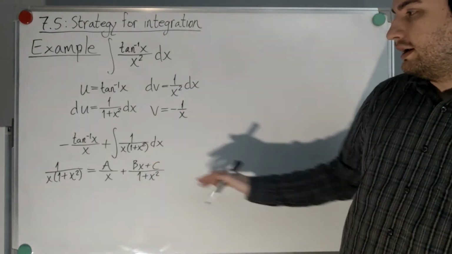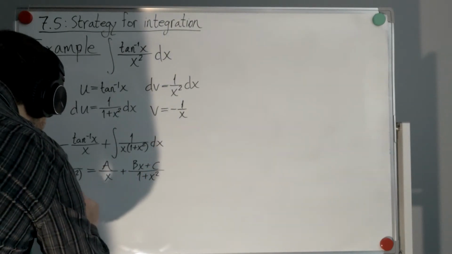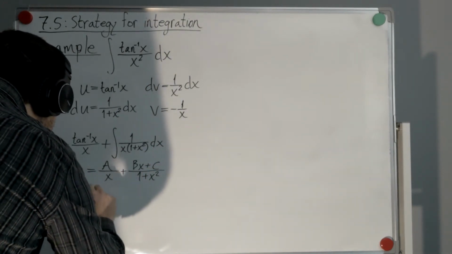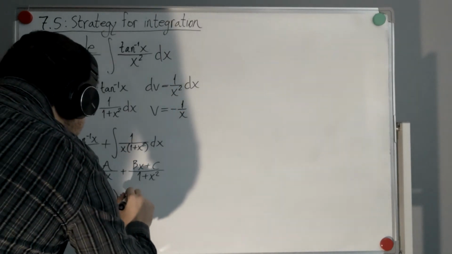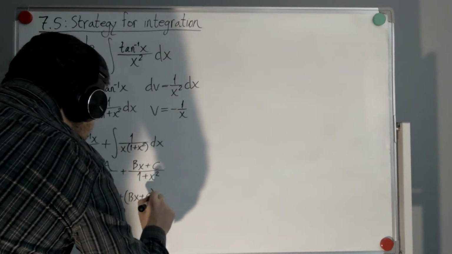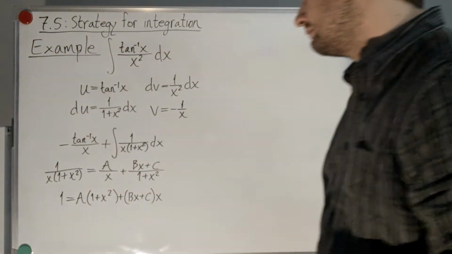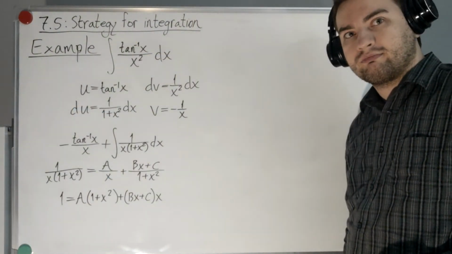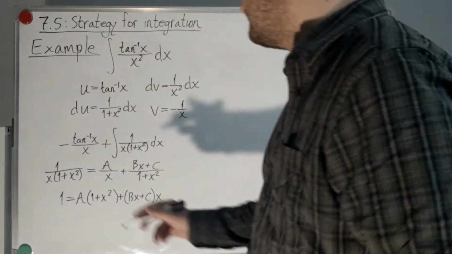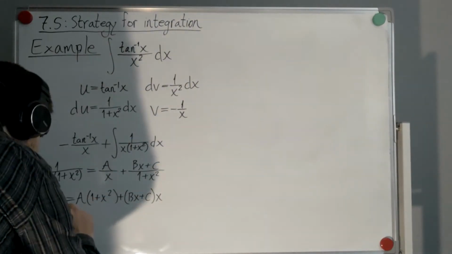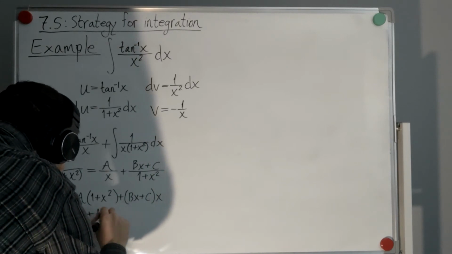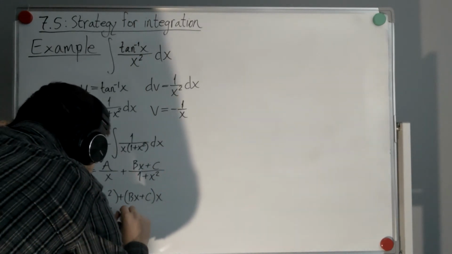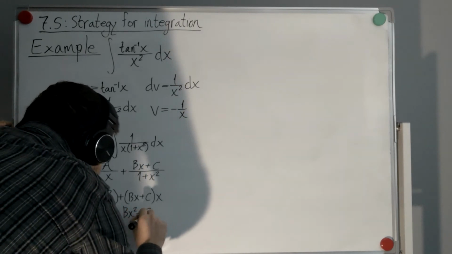Now then, you go ahead and multiply through by x times 1 plus x squared, and what you get is 1 equals a times 1 plus x squared plus bx plus c times x. From here, we can say, all right, well, that means 1 is going to be a plus ax squared plus bx squared plus cx.